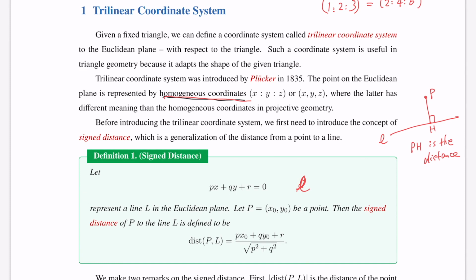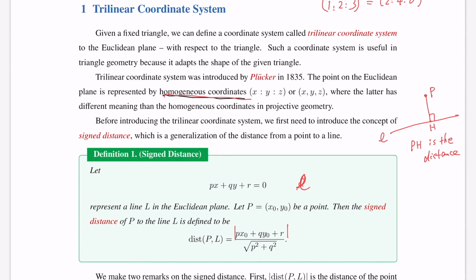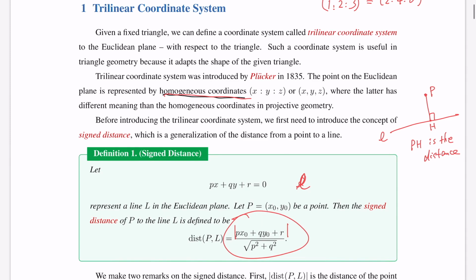That represents L in the Euclidean plane. Let P = (x0, y0) be an arbitrary point. This P could be outside the line or on the line, it doesn't matter. There's a formula in analytic geometry that can be used to compute the distance. The distance is given by this formula with the absolute value of Px0 + Qy0 + R.